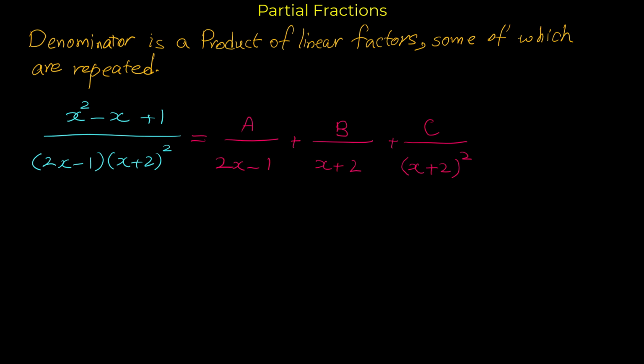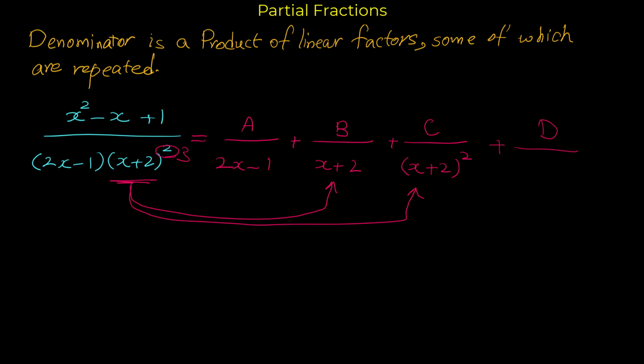So when we have a linear factor that is repeated, we have to put the linear factor in one fraction, and also we have to add a second fraction with power 2. What if the power was 3? If the power here was 3, then we have to add another partial fraction in the form of D over x plus 2 to the 3, and so on.